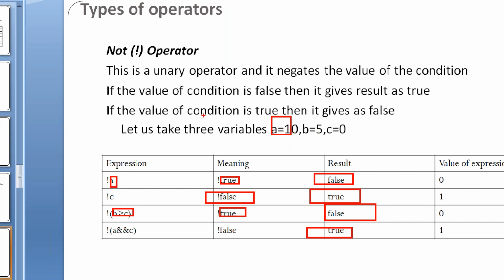A is 10. Any non-zero number represents true. Any zero value will represent false. It is important.